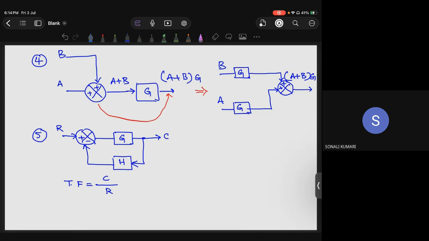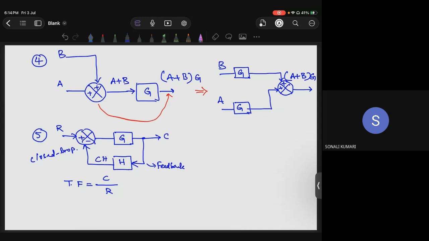So how can you find that? What you can do is you write down the equations first. So this is a closed loop system. Closed loop system, you know that this is feedback. Write down the equations. So what are the equations?